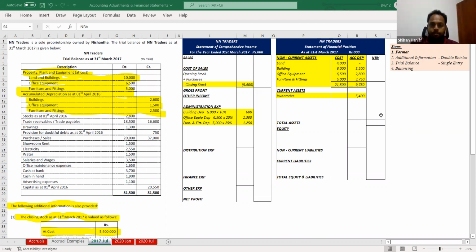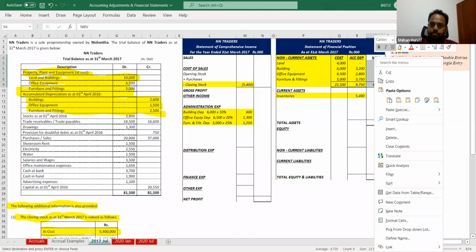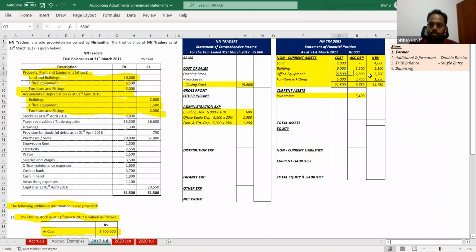Okay, so the net balances we can calculate: 4,000, 2,800, 3,700, 1,250 and 11,750.